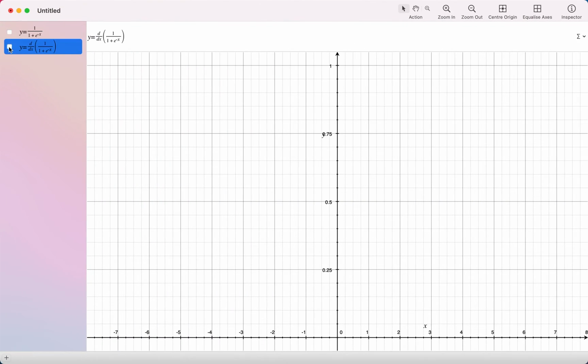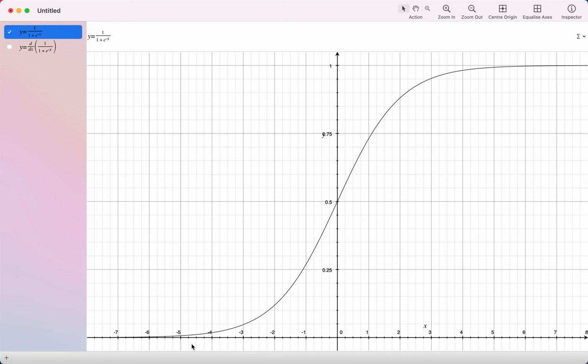So what does the sigmoid function look like? And this is what it is. So it's y equals 1 over 1 plus e to the minus x is the actual sigmoid function. And you can see here that for all x, it compresses it to between 0 and 1.